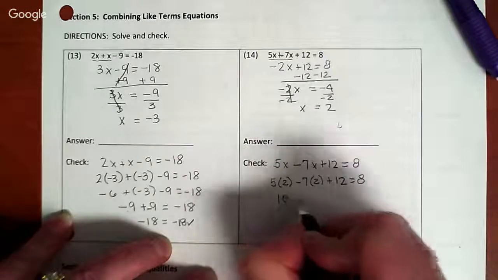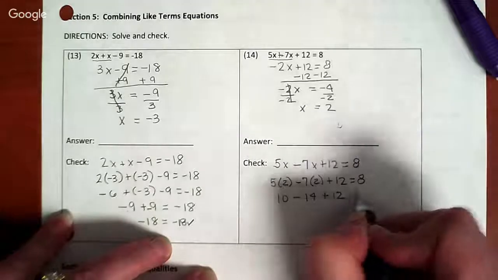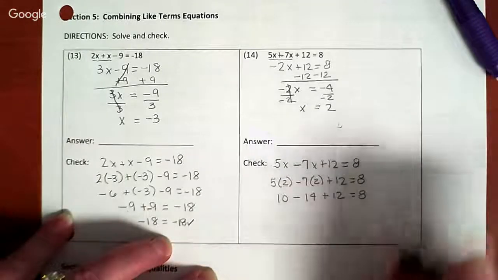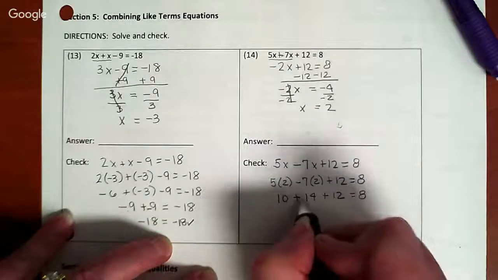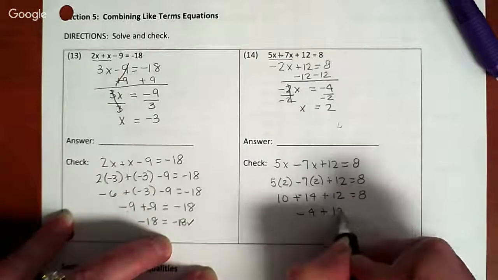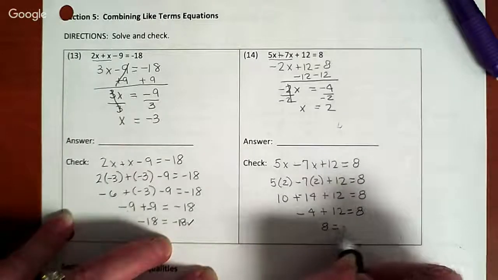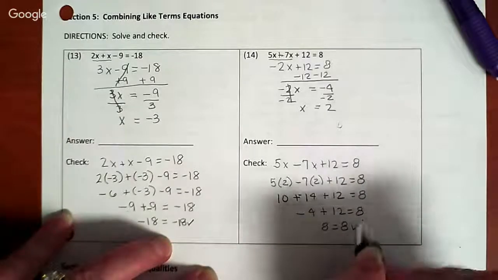So we have 10 minus 14 plus 12 equals 8. Here we have leave change change. So we have negative 4 plus 12 equals 8. And here we have 8 equals 8, and it checks.